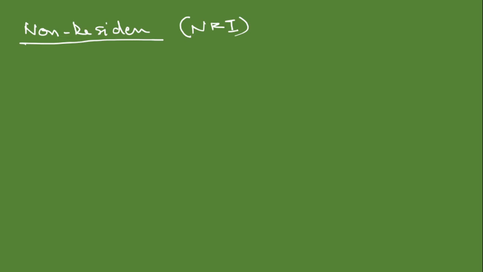You have a YouTube channel, what happens? The income is coming from the US. So are you able to pay taxes, or should you abide by the rules of the Income Tax Act 1961? Any idea?